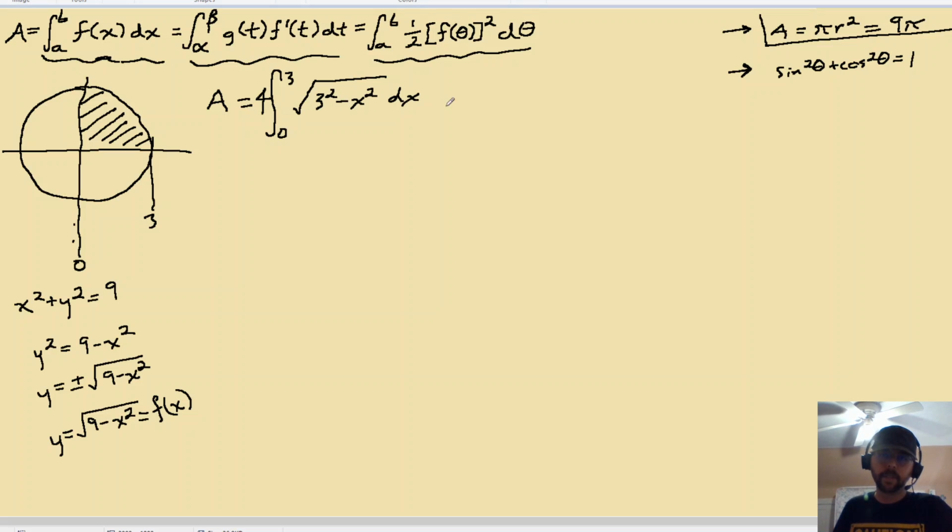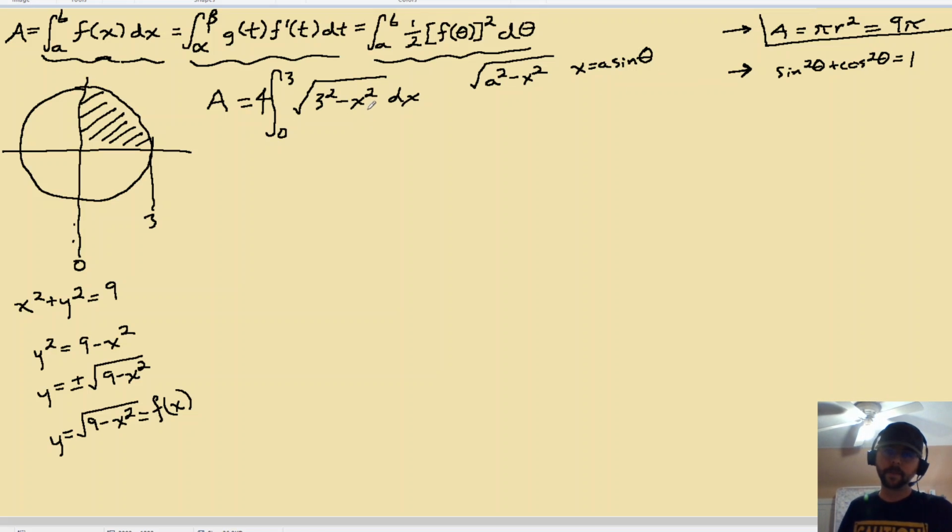So typically when you learn this and memorize this, you have the square root of a squared minus x squared. If you see that for your f of x, you can use the trig substitution that x equals a sine of theta. And when you work out the process, that will allow you to integrate this.